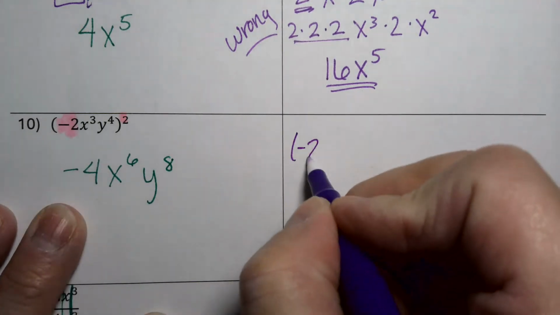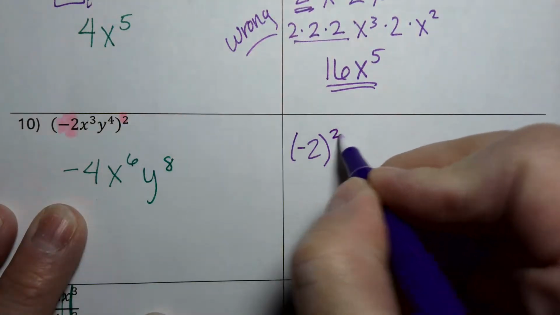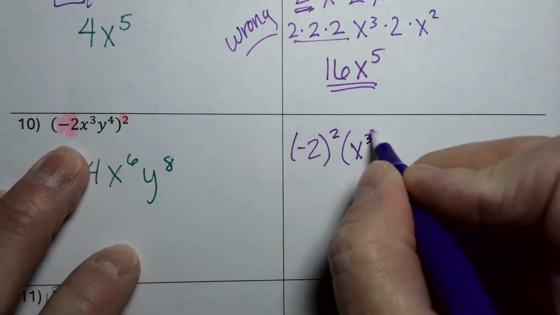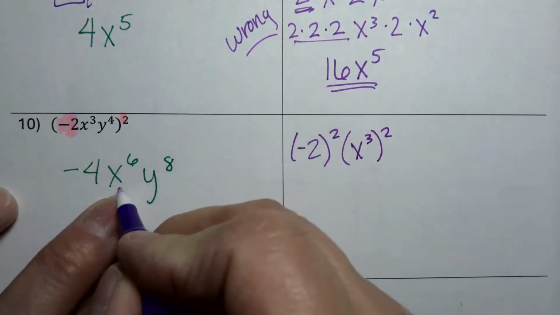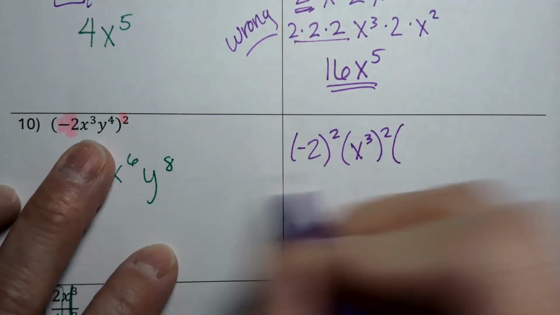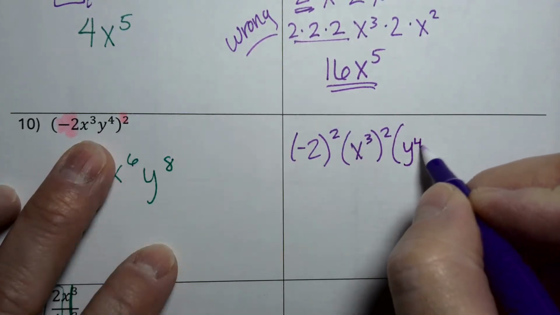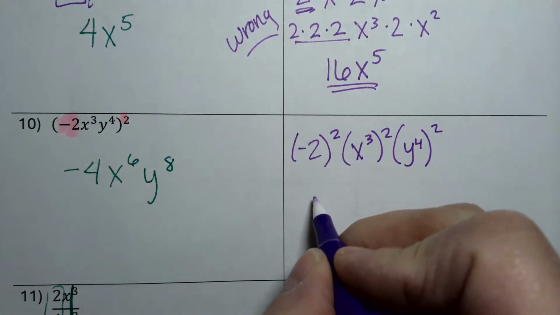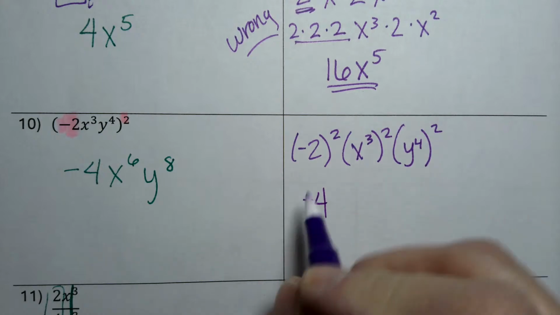So that -2 had to be squared. Then this x cubed gets squared, and she did it in her head, and she did it right in her head, by the way. And then y to the 4th also gets squared. -2 times -2 is a +4.